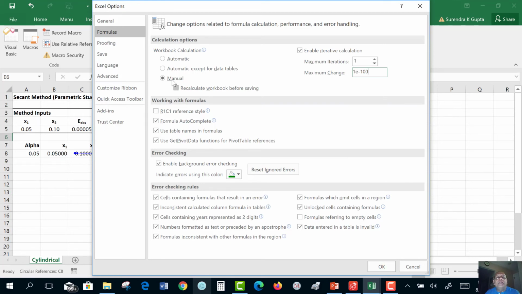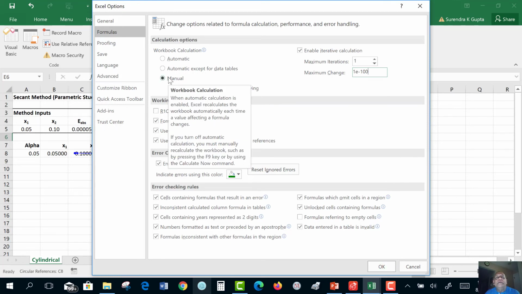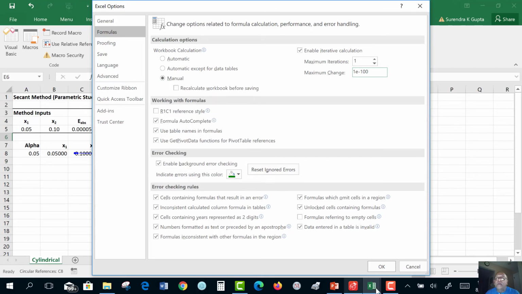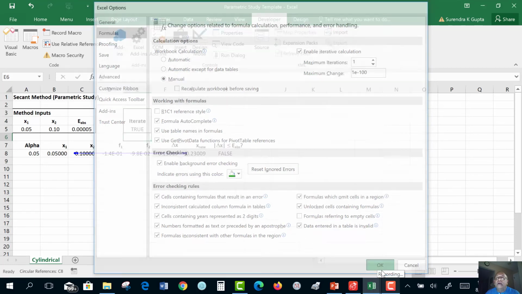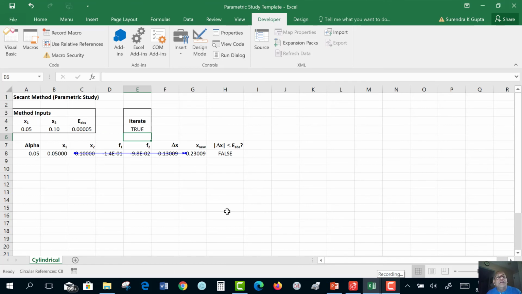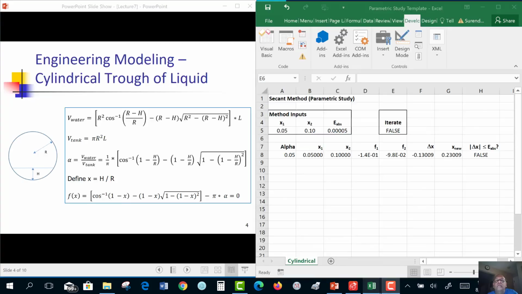So the key thing is when we are in manual mode, it is not going to keep the workbook in automatic calculation mode. So we change this to true and press the F9 key. So we have already done one iteration. We do another iteration.